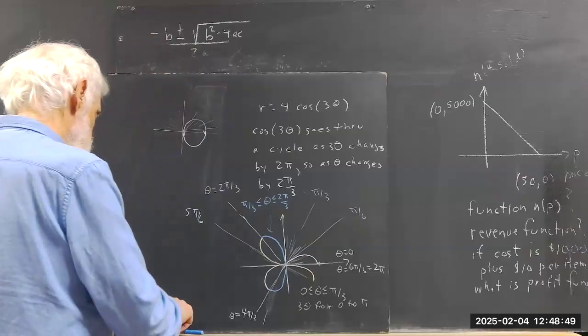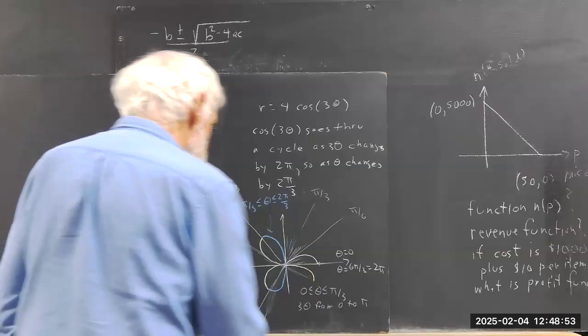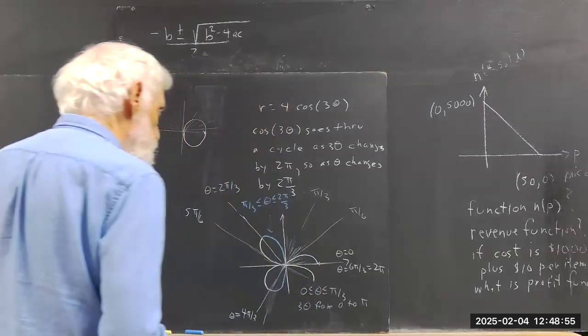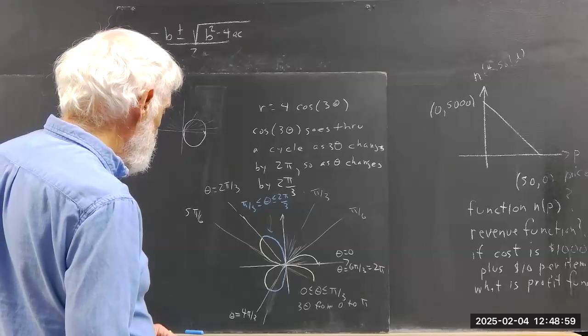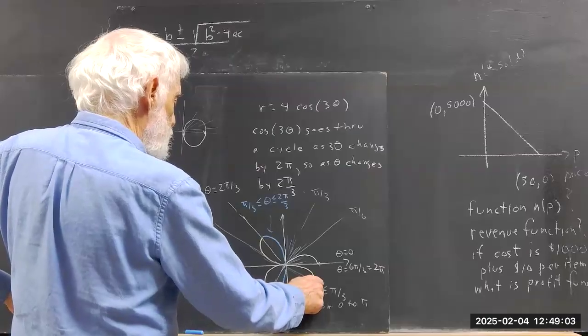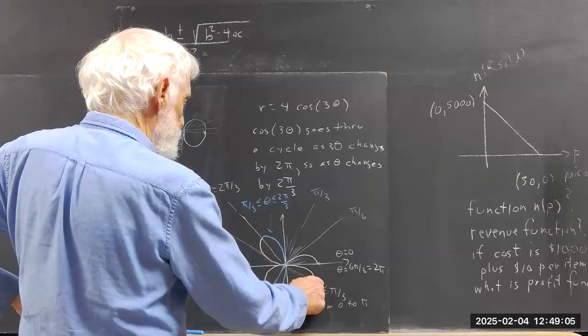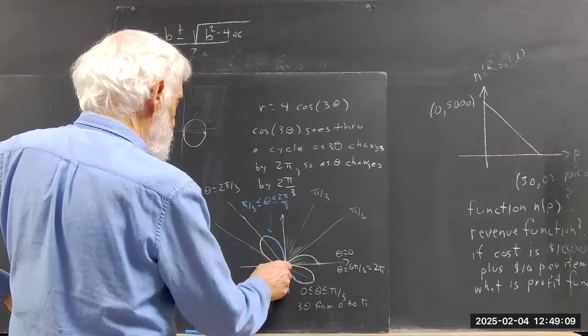Going to come around to this, and then it's going to come back. Cosine will come back to 0.